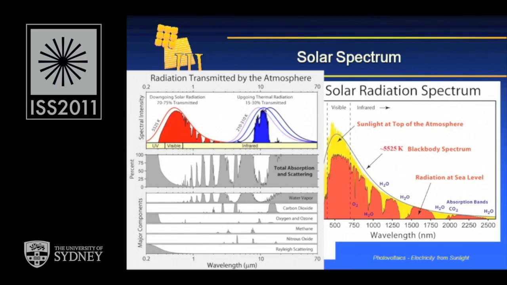So if you have an imbalance in the two, you've got to heat the earth up in this direction here to increase the energy that's being emitted.